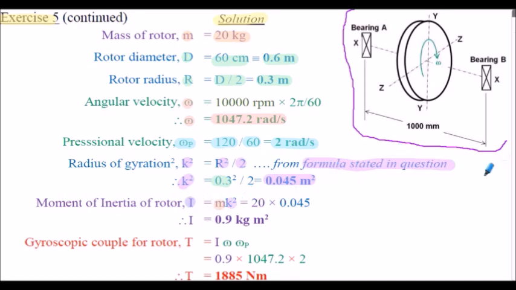So inserting the values, the moment of inertia of the rotor is 0.9 kilogram meters squared. We can then calculate the gyroscopic couple for the rotor, the applied couple. T is equal to I multiplied by omega p. Inserting the values from above, the applied gyroscopic couple is 1,885 Newton meters.